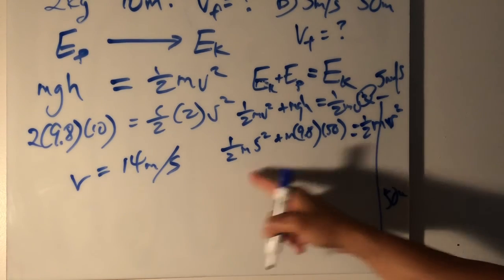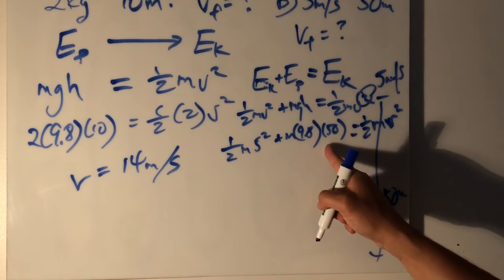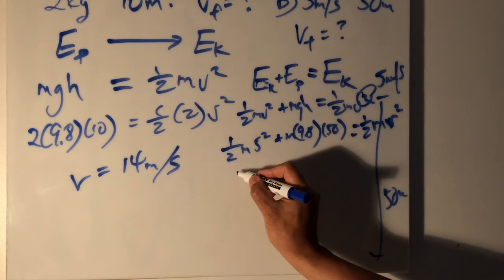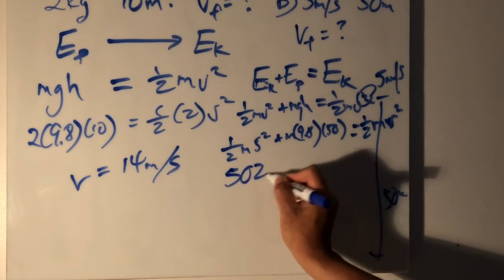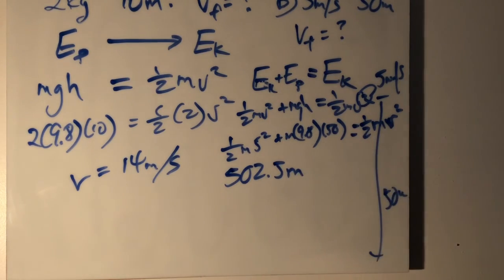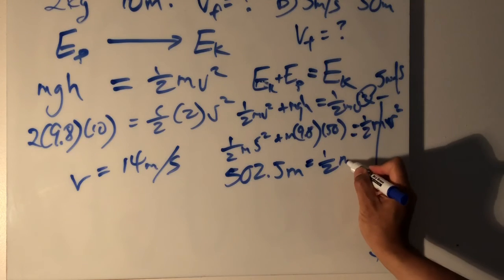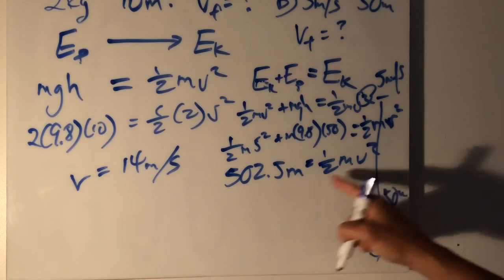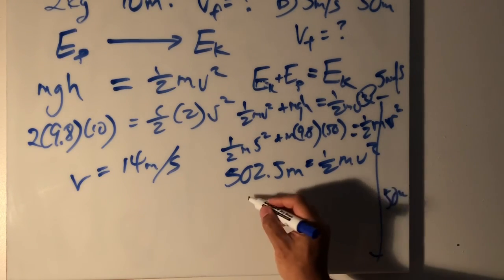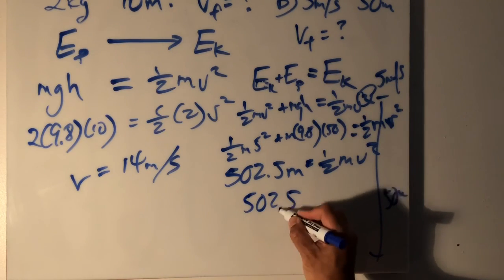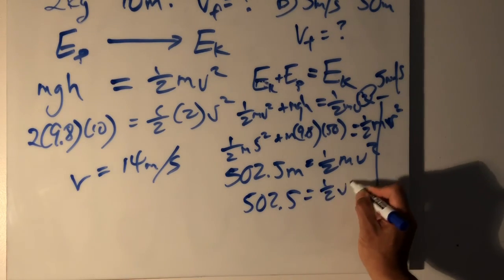Now, if we add that side up, we get 502.5 m, right? The m stays. It's equal to 1/2 mv squared. Well, if we have an m on this side and m on this side, we can essentially cancel them out. So we have 502.5 is equal to 1/2 v squared.